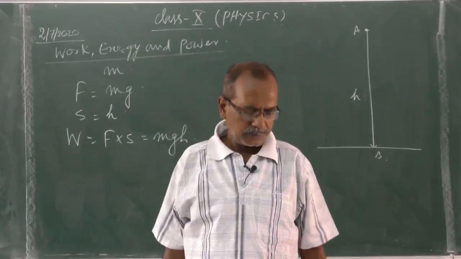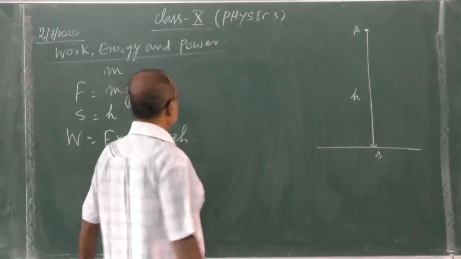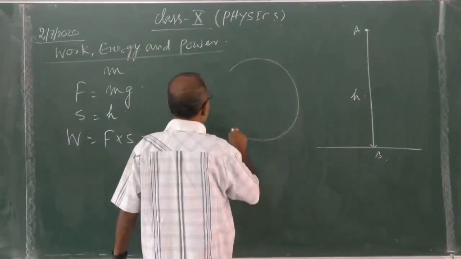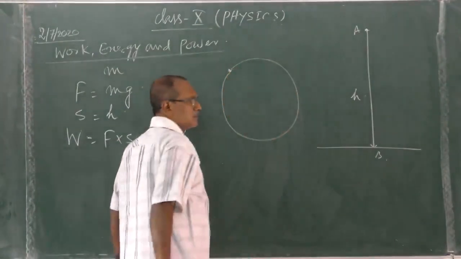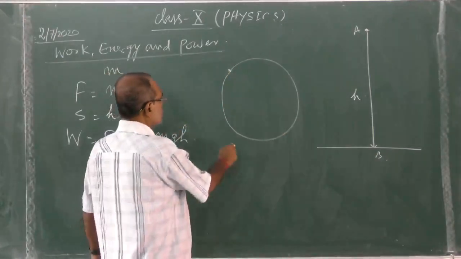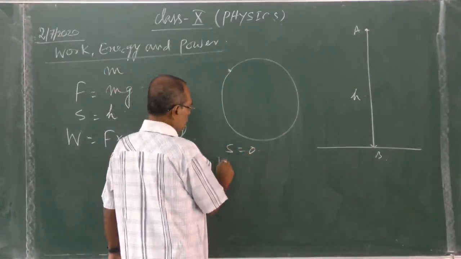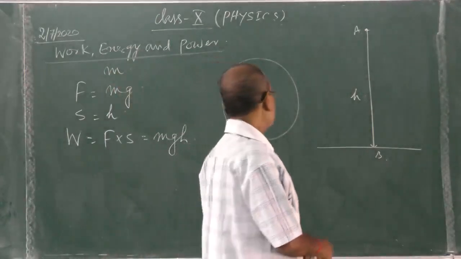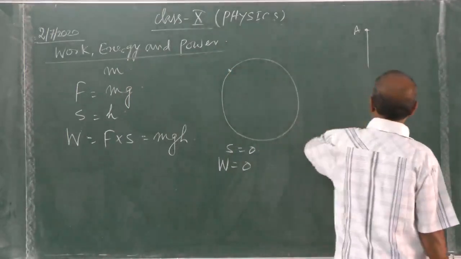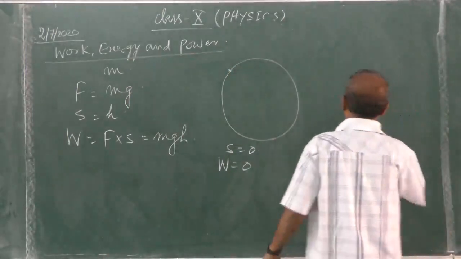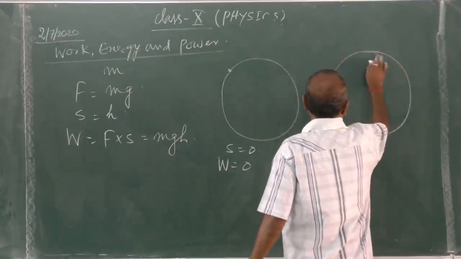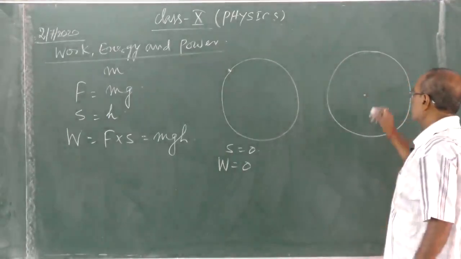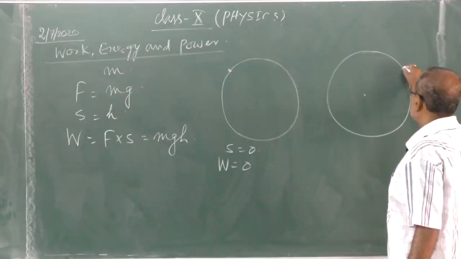Now, if a body is moving in a circular path, there are two cases. The body is moving in a circular path and it completes the circle. So then displacement is equal to what? 0. So work done is equal to 0. Okay. If a body is moving in a circular path, then what happens? See, this is the center. Say we want to find out here how much work is done.